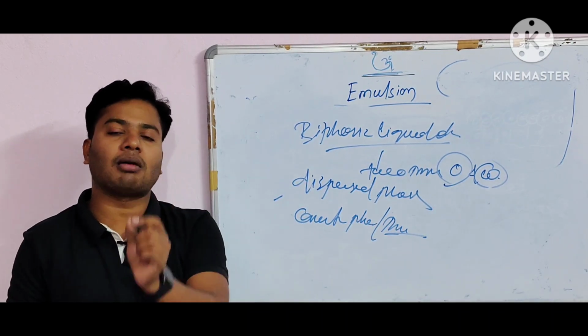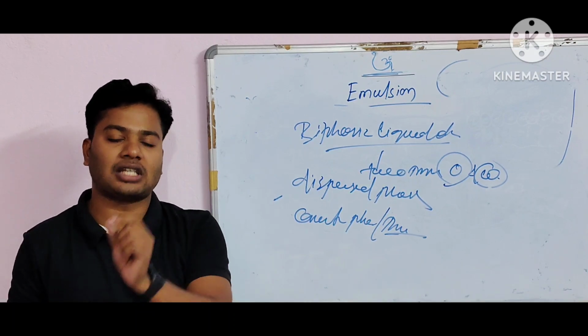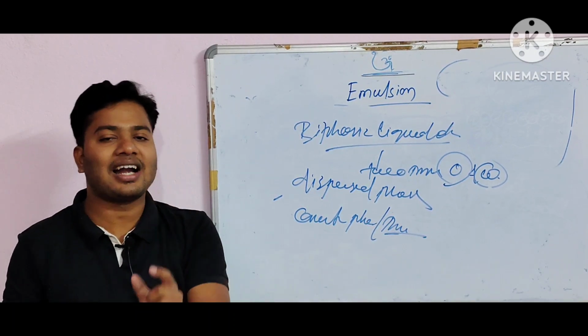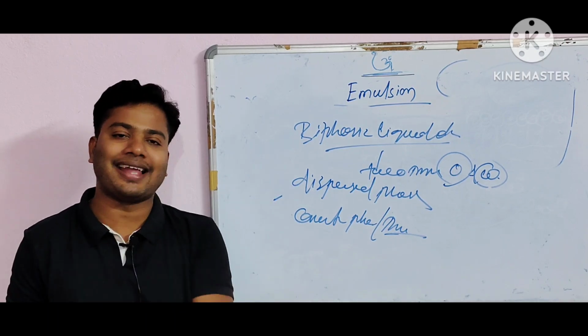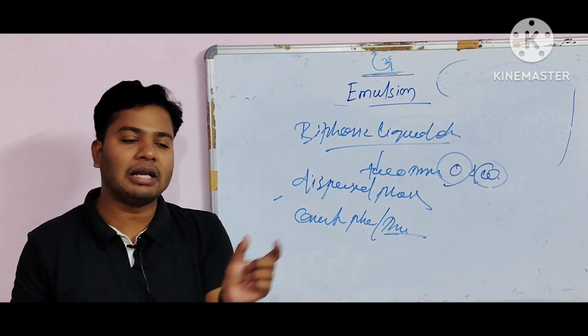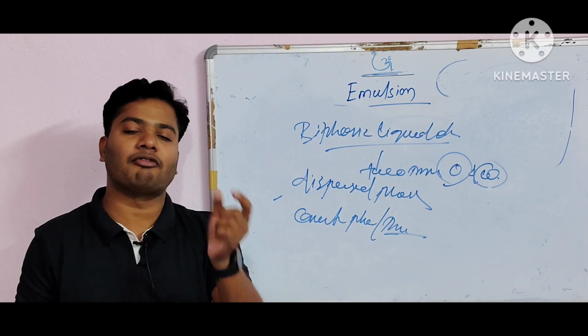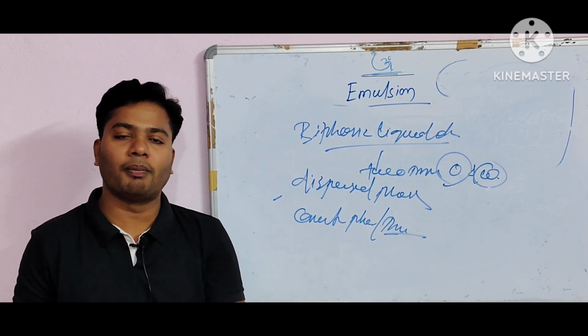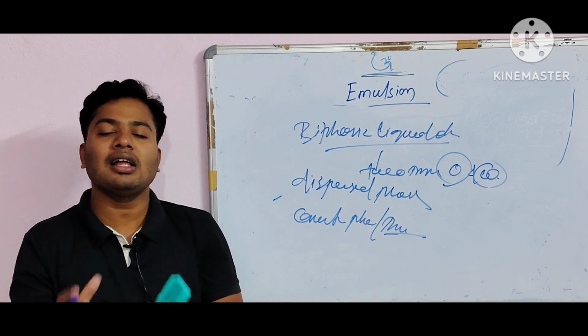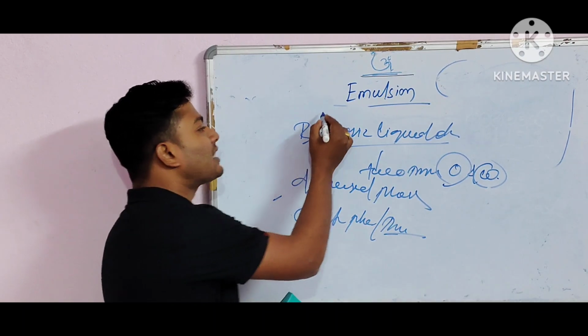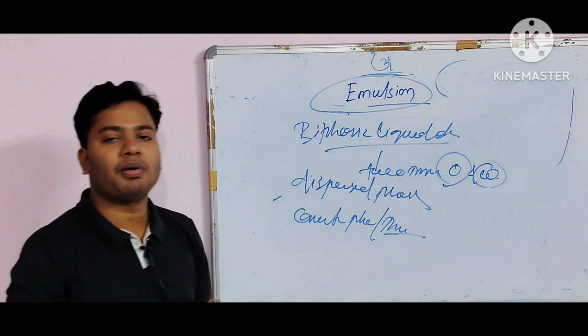So to maintain stability, you have to add some third agent, that is the emulsifying agent. After adding the emulsifying agent, it creates a barrier between the globules and a film on the surface of the globules. That's why they can't attract each other, and it forms a stable emulsion. That is known as a proper emulsion.